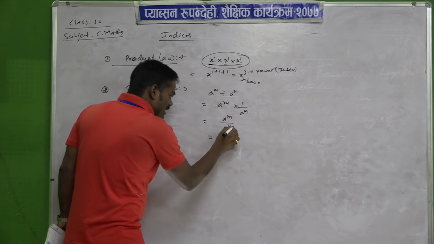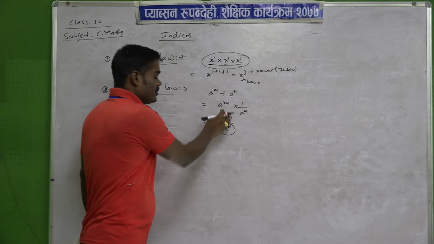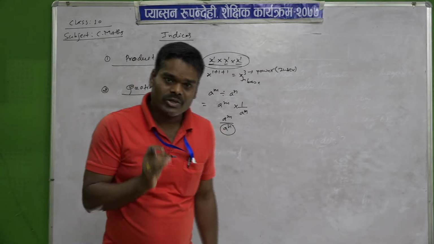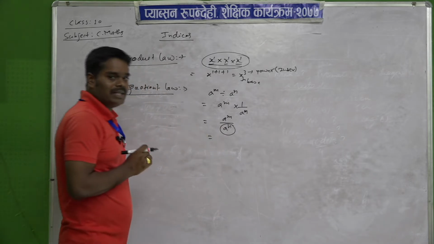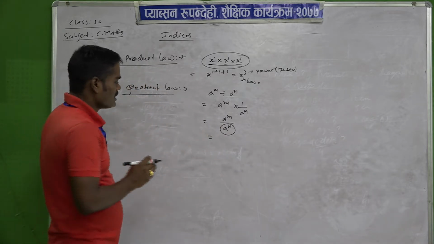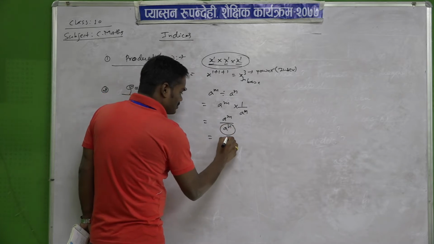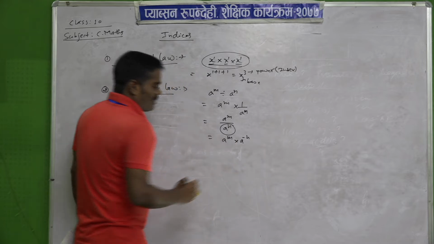While taking this from numerator to denominator or from denominator to numerator, the sign of power will change. The sign for n is plus, so it will become a power m into a power minus n.